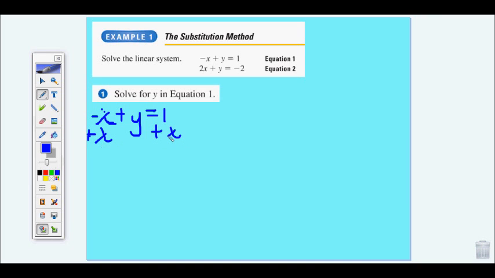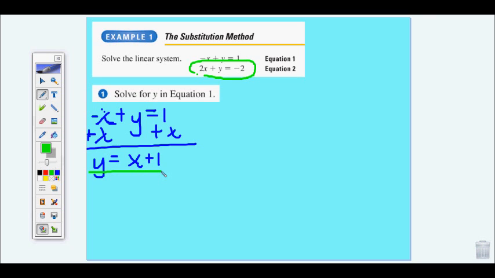This is pretty simple, and I get the equation y equals x plus 1. Now with that equation, I can use the second equation. Remember, they have to solve for both equations. I'm going to use that second equation, and substitute that expression for y.